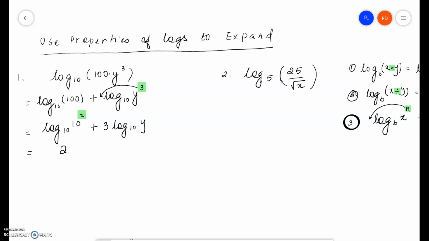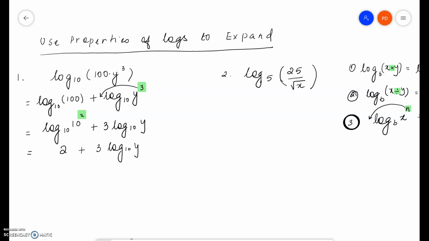Please watch my previous video evaluating logs without using a calculator, so that'll help you remember this particular calculation we just did. And then that is plus 3 log to the base 10 of y.